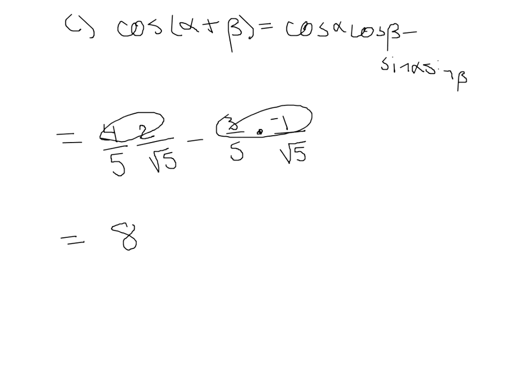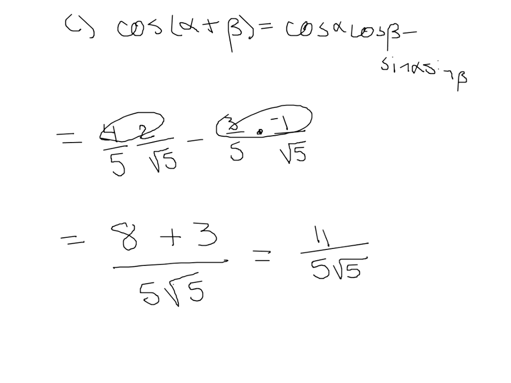So multiplying across the top, I get 8. Here I get 3, and a minus makes it plus. And the denominator is common. So I get 11 over 5 square root of 5, and that would be my final answer.